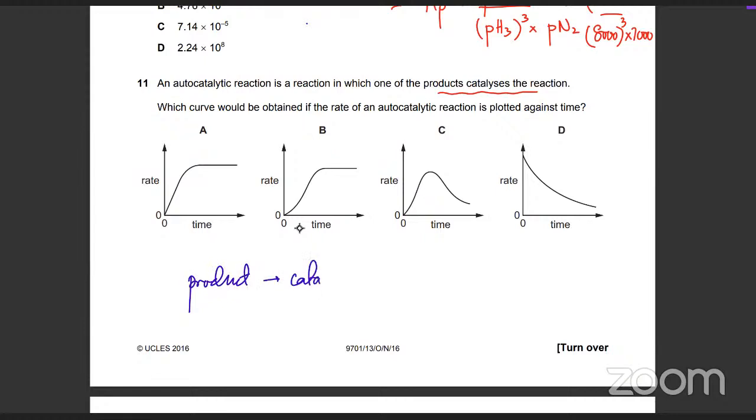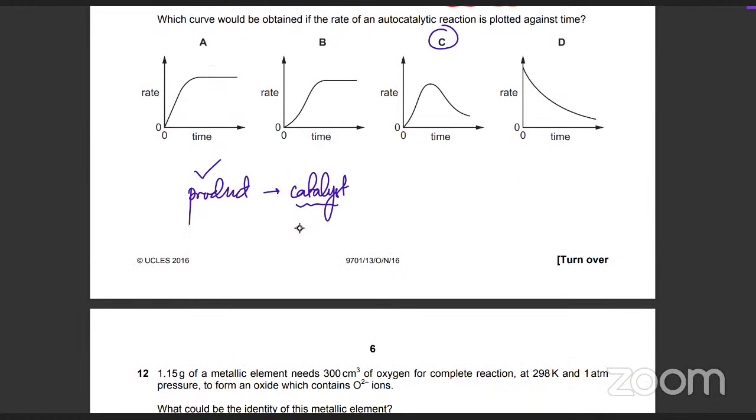So initially the rate is going to be slow, and then the product is going to be formed, and the reaction will speed up. What will happen after that? It will slow down again, because the reactants will be used up. Not the catalyst, the catalyst will be formed, but you will not have any reactants to react. So it's going to be C.